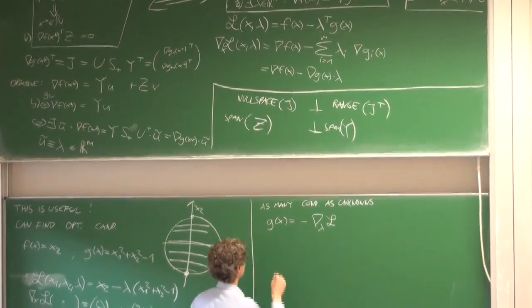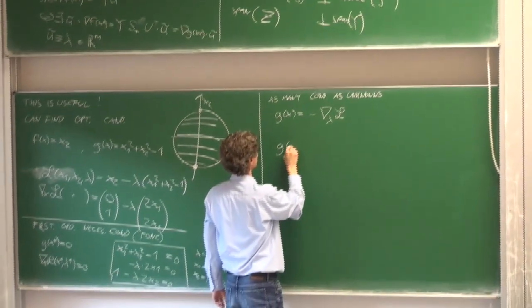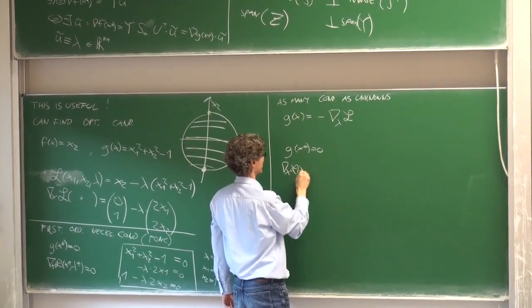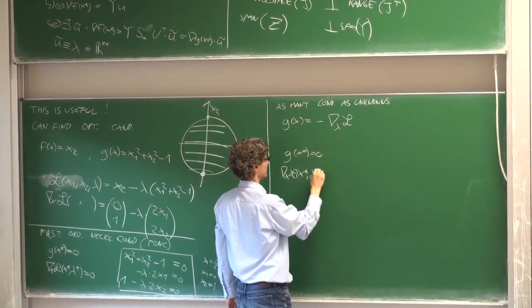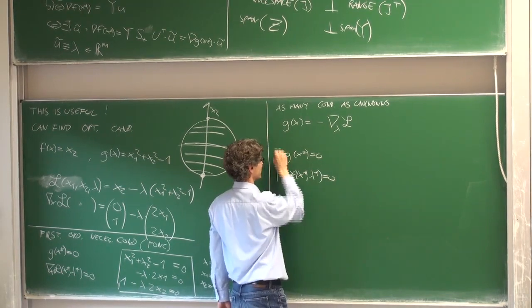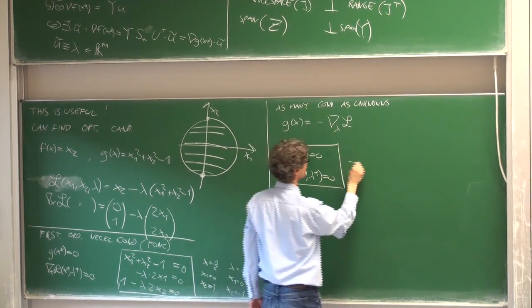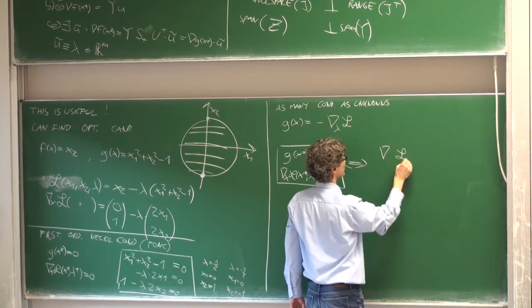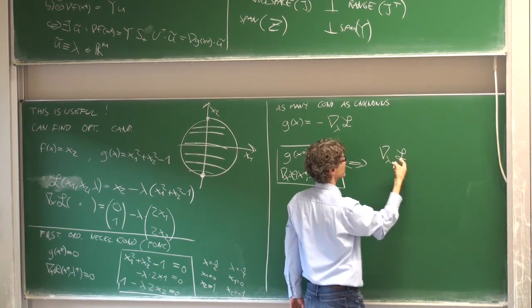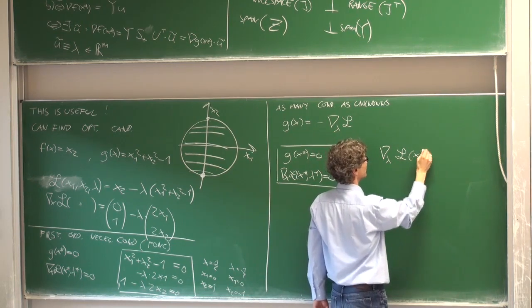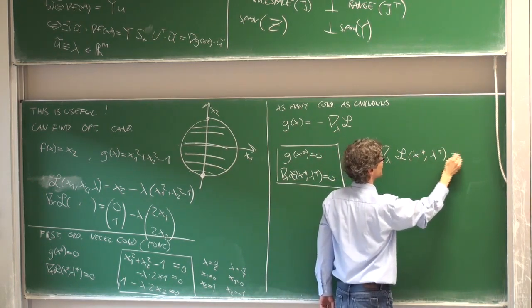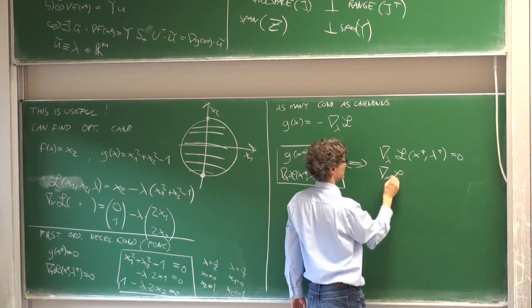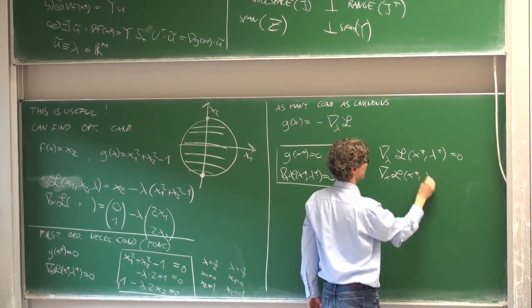So actually the necessary optimality conditions, g of x star equals 0 and the gradient with respect to x of L at x star and lambda star equals 0, you could also write down as just saying that the gradient of L with respect to lambda should be 0, and the gradient of L with respect to x should be 0.